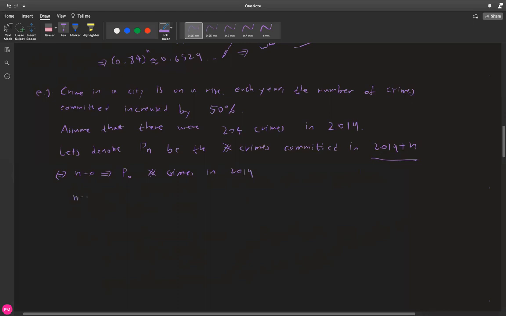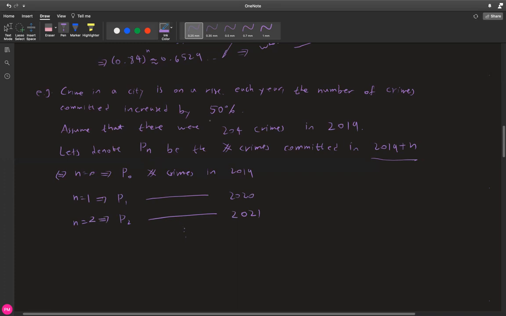So when n equals 1, this is P sub 1 now. And this is the same thing as 2020, because you're simply plugging in 1, and n equals 2 is going to be P sub 2, and that's going to denote the 2021 crime, and so on and so forth. Does that make sense?